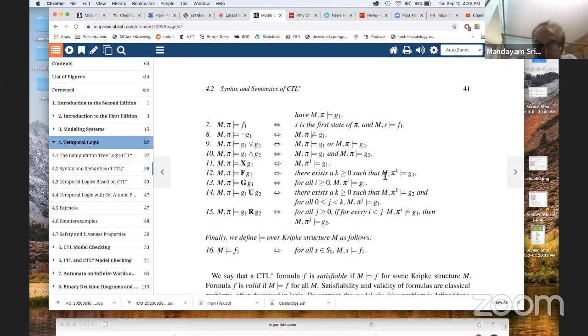It is defined this way, applying the satisfaction of G1 to the path pi superscript k, because G1 can itself be a path formula. That's why it is defined this way naturally. So G of G1 is true if this is true for all suffixes of the path pi starting from position 0.